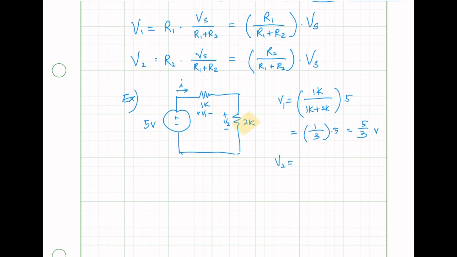And V2 is itself 2K over 1K plus 2K times total voltage 5. This is 2 over 3 times 5, that is 10 over 3 volts. When you do the KVL, negative 5 plus 5 over 3 plus 10 over 3 will give us 0. So this is good review for Ohm's law and KVL.